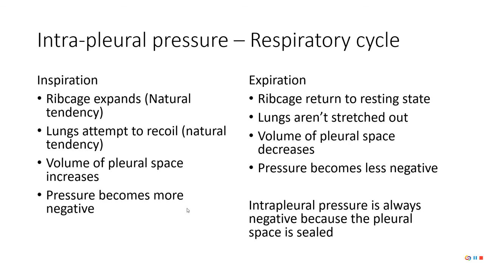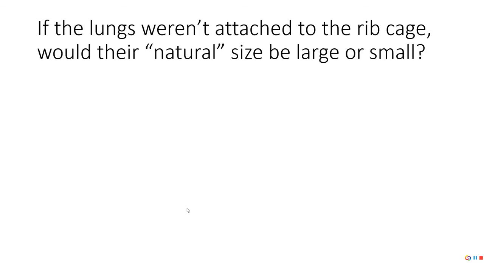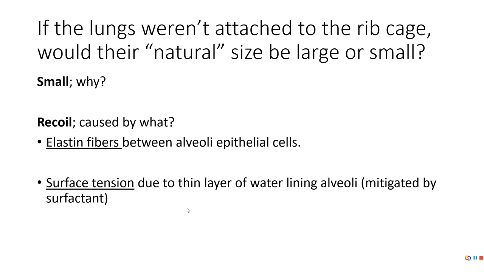And so this leads to the question: if the lungs and the ribs weren't attached, what would happen to the lungs? And the answer is they're going to be small because they have a natural tendency to recoil. Remember, they're like a balloon. Okay? And this is due to a couple of things. One is the fact that the cells that make up alveoli are essentially elastic. Okay?